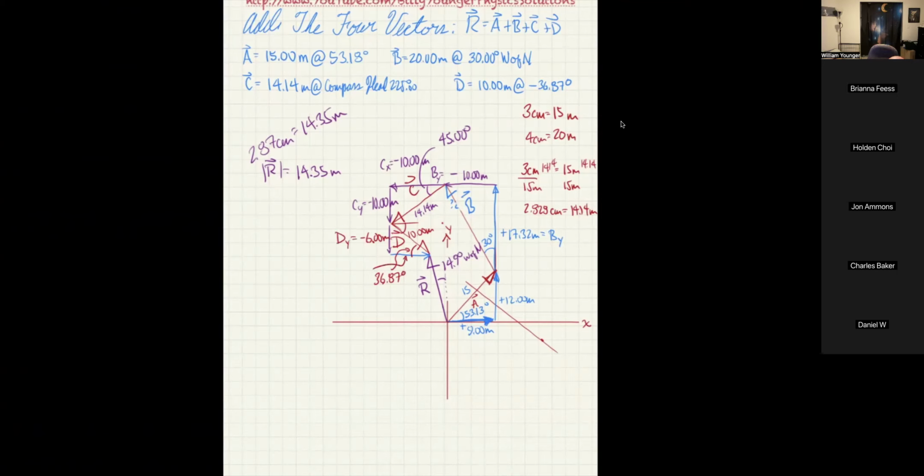And this side right here would be d sub x, and that one's got to be 4 times 2. So d sub x is equal to positive 8.00 meters, like that.